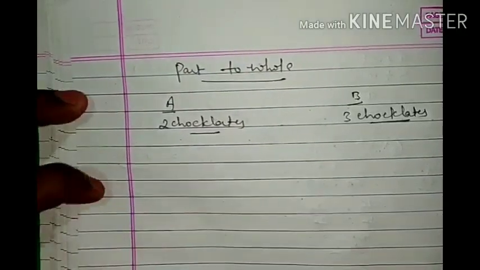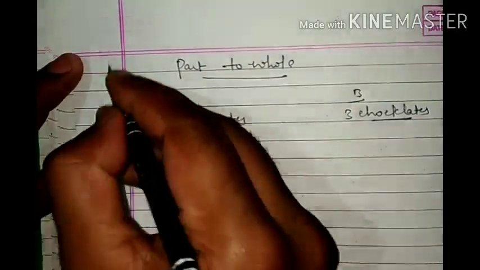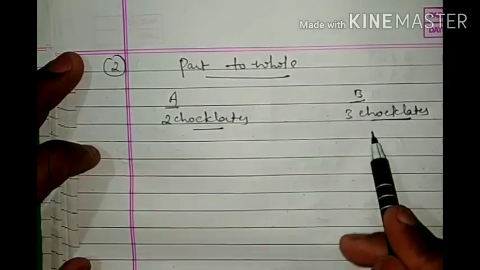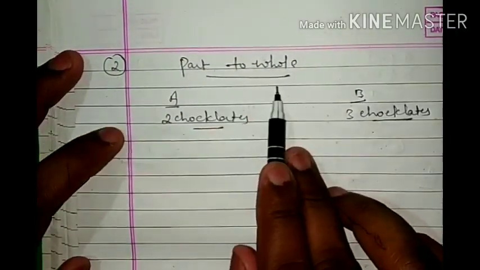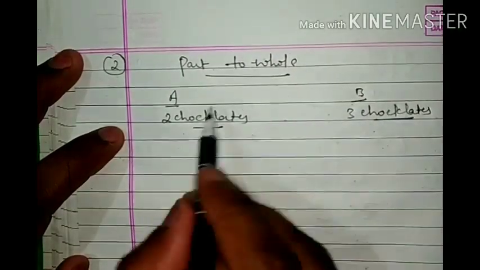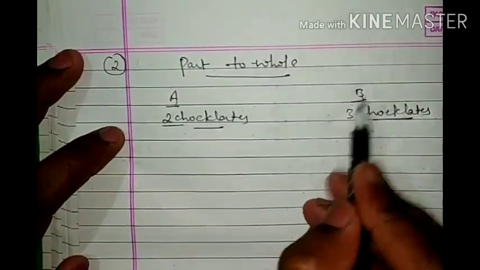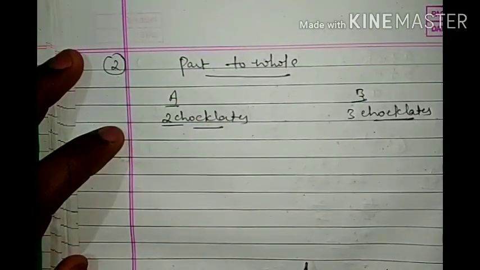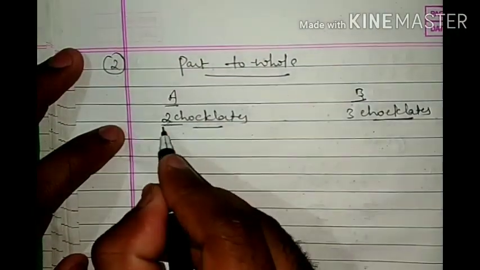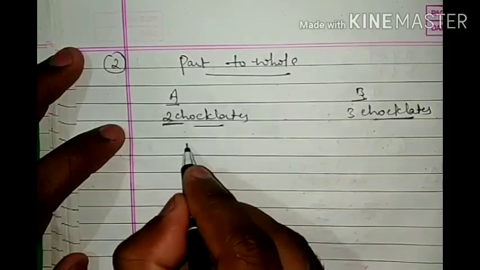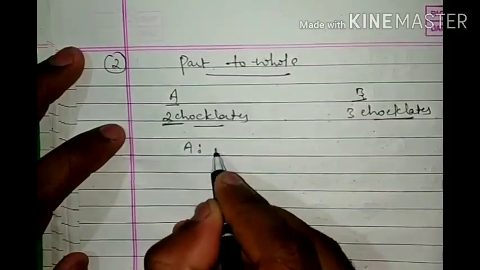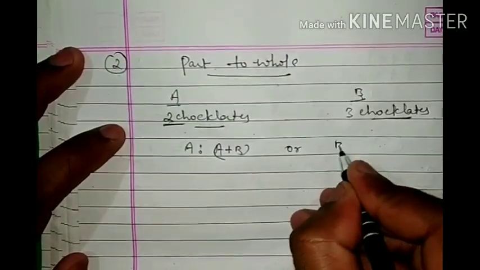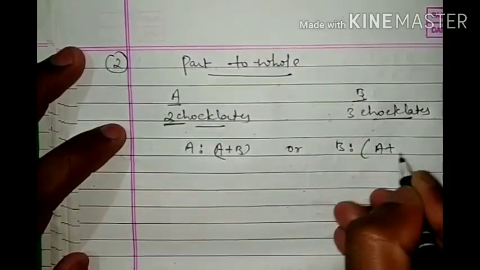In part to part comparison, we were comparing one part of chocolate to the other part of chocolate. But in part to whole, we will compare one part to the whole, that means the total chocolate. Part to whole is A ratio A plus B, or B ratio A plus B.